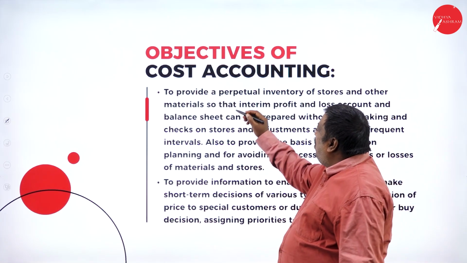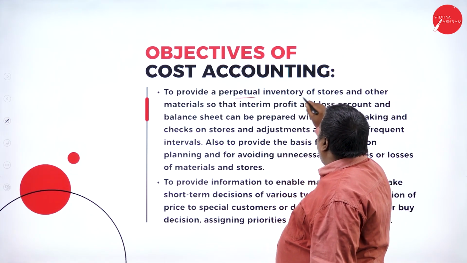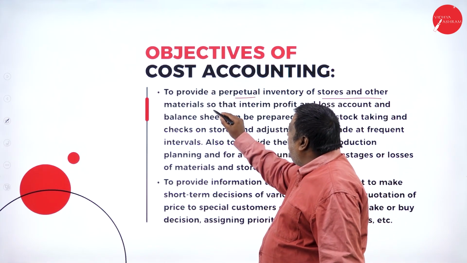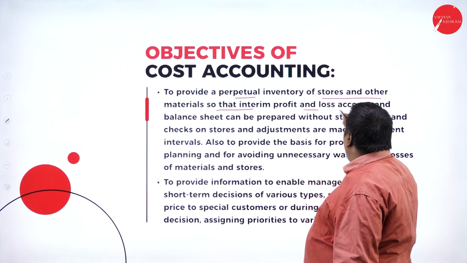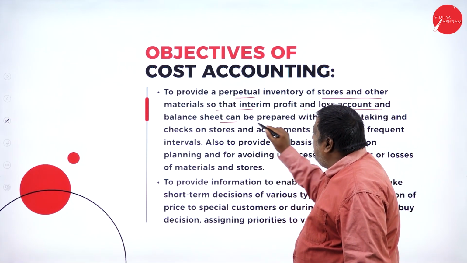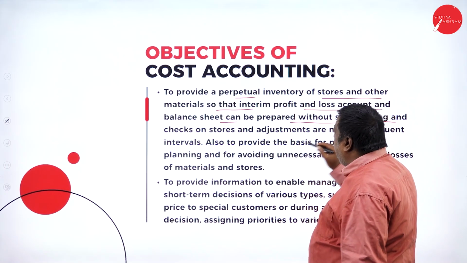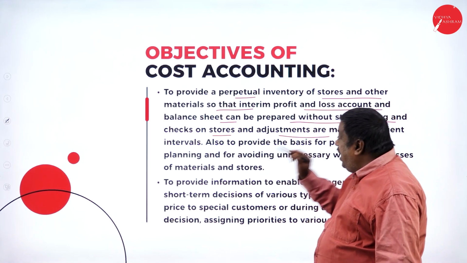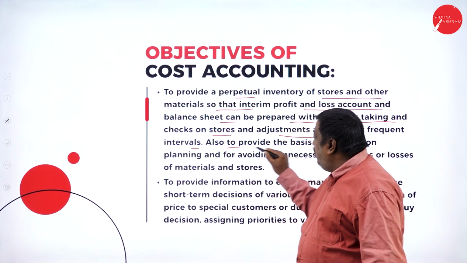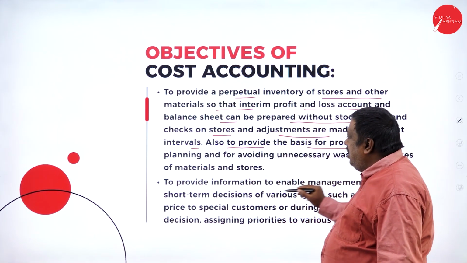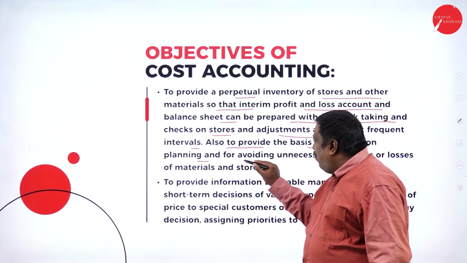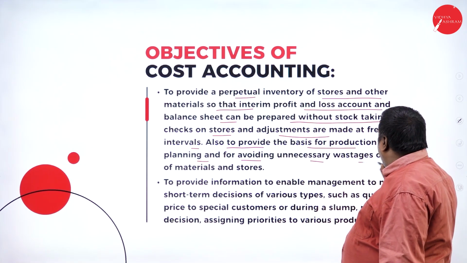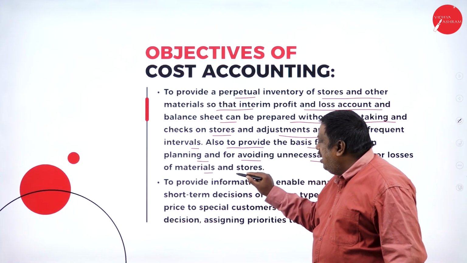Next, to provide a perpetual inventory of stores and other materials so that the interim profit and loss account and the balance sheet can be prepared without stock taking and check on stores, and adjustments are made at frequent intervals. Also to provide the basis for production planning and for avoiding unnecessary wastages or losses of material and stores.